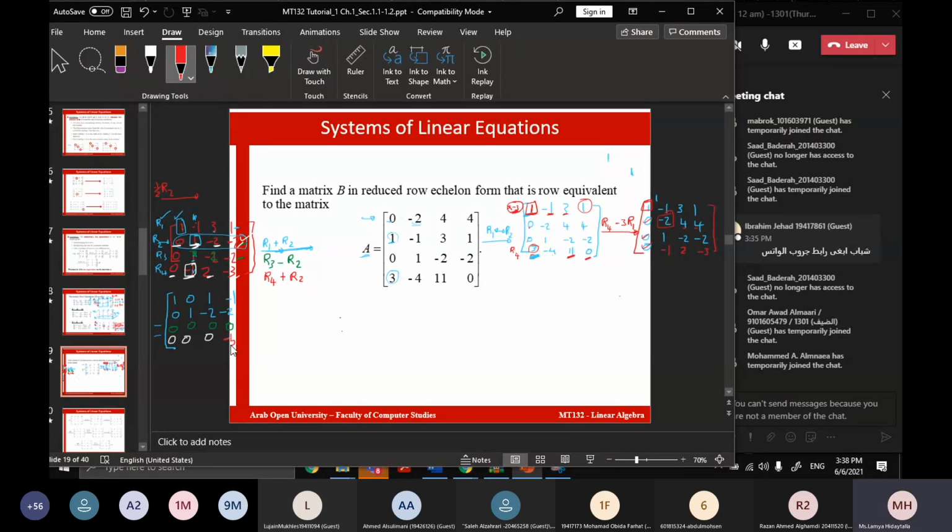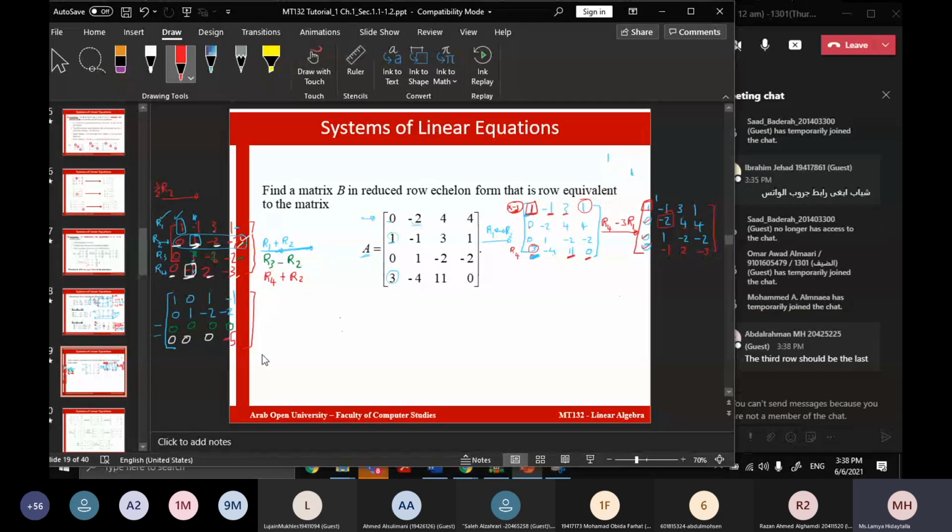Is minus 5 correct? So I changed which one? I changed R4. And always, when you do something, go and check.